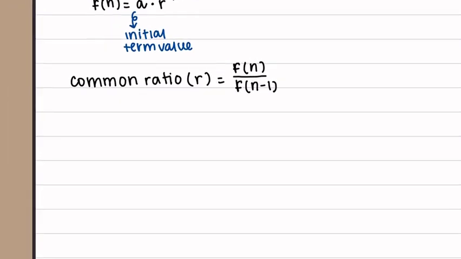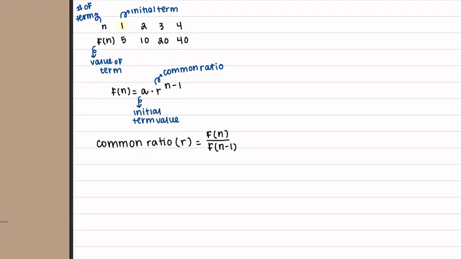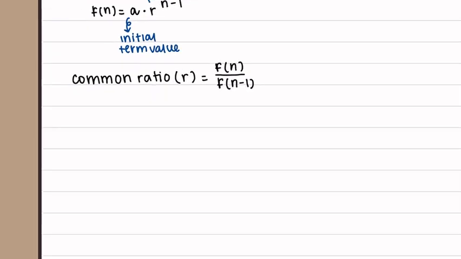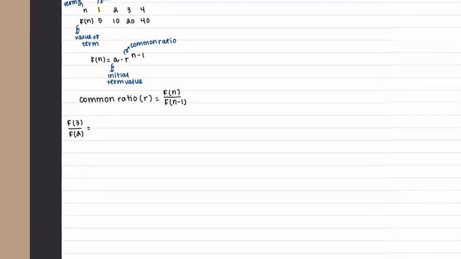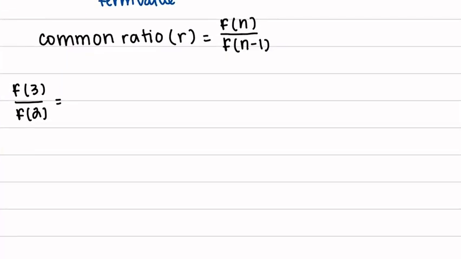So in this case, to find our common ratio, I could take f of 3 and divide it by f of 2. F of 3 divided by f of 2 would be equal to 20 divided by 10, and that's going to tell us that our common ratio is equal to 2, which we already knew.